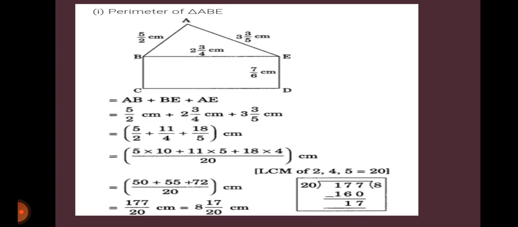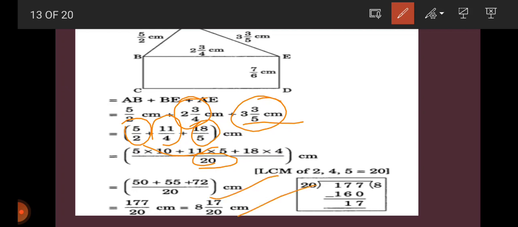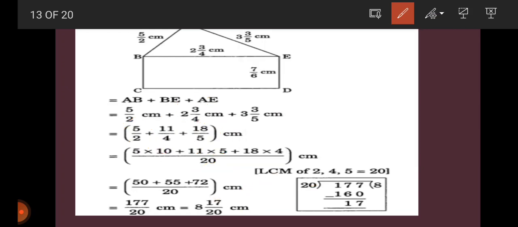So 5 by 2 plus 2 whole 3 by 4 and 3 whole 3 by 5, like this. First I convert to simple fractions, and they are unlike fractions, so we take the LCM and then we add. This is the answer of this question.